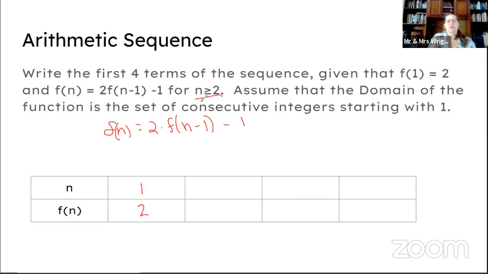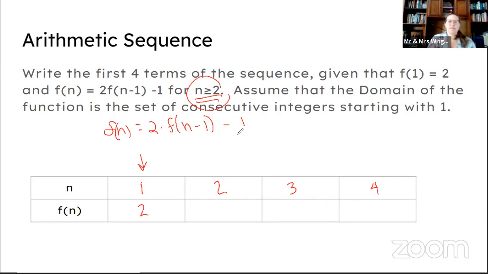And it says solve it for n is greater than or equal to 2. All this means is, hey, we already gave you the first term, so you just have to solve for terms 2, 3, and 4. That's all this means. Don't get confused by it. It just says we already gave you one answer, so you don't need to work on that one. Okay? All right, so we're looking for 3 pieces of information here.